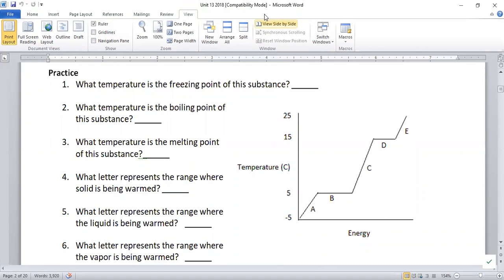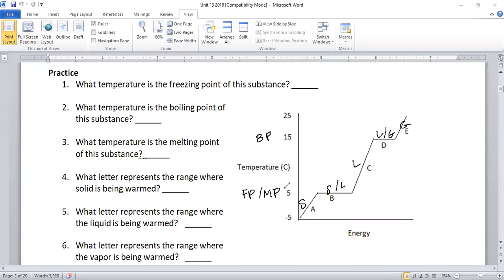Whenever you get a heating curve, I would automatically begin by labeling solid, solid liquid, liquid, liquid gas, gas. And I would also label boiling point, freezing point, and melting point, which are the same number.